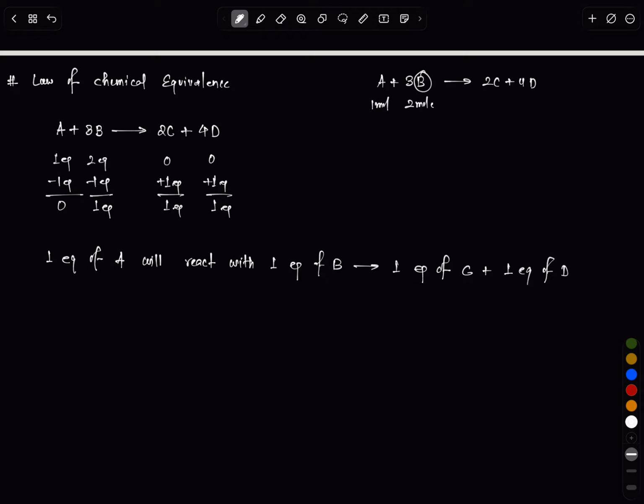So for 2 mole of B, definitely less than 1 mole of A will be required. So here B will be completely consumed. That is the difference you see here. Using the equivalent concept, we don't need a balanced chemical reaction. And the law of chemical equivalence says that one equivalent of a reactant will react with one equivalent of another reactant to produce one equivalent of products.